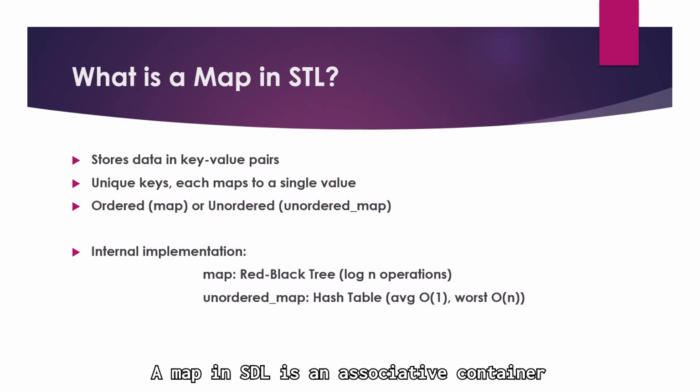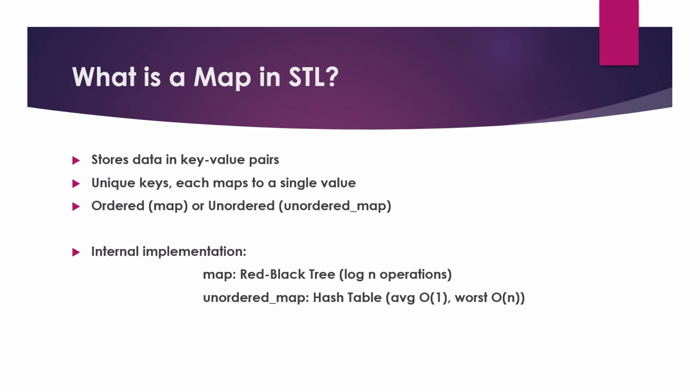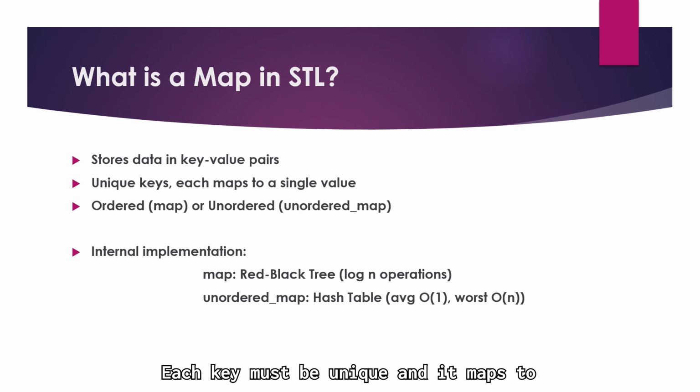A map in STL is an associative container that stores elements in key value pairs. Each key must be unique and it maps to exactly one value. There are two main types: an ordered map, simply called map, which maintains its elements in sorted order by key; an unordered map, which uses hashing for fast lookups and does not maintain any specific order.